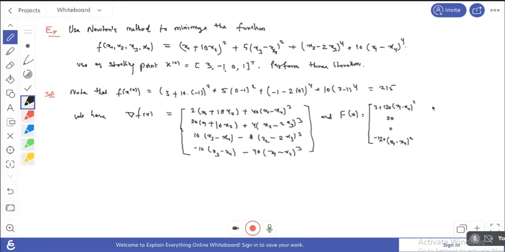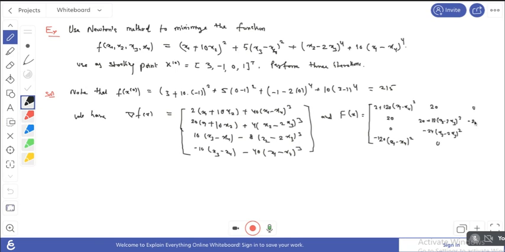You have to check whether this is correct or not, and you know how to find these values. So this becomes 20 plus 12 (x2 minus 2x3) square, minus 24 (x2 minus 2x3) square, and this is 0. The third column is 0.